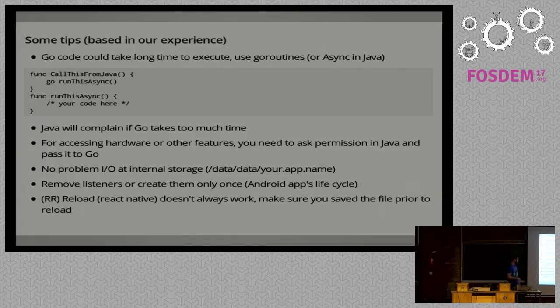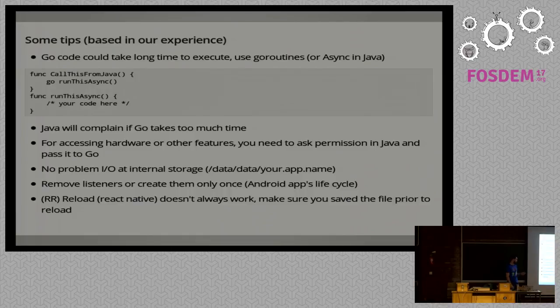But very, very little Java code was needed, so we don't have any problem writing or reading files at the internal storage. But for external storage, you also need to ask permission. And also, since the app lifecycle of Java is a bit strange, make sure you remove or create the listener if you are using one.